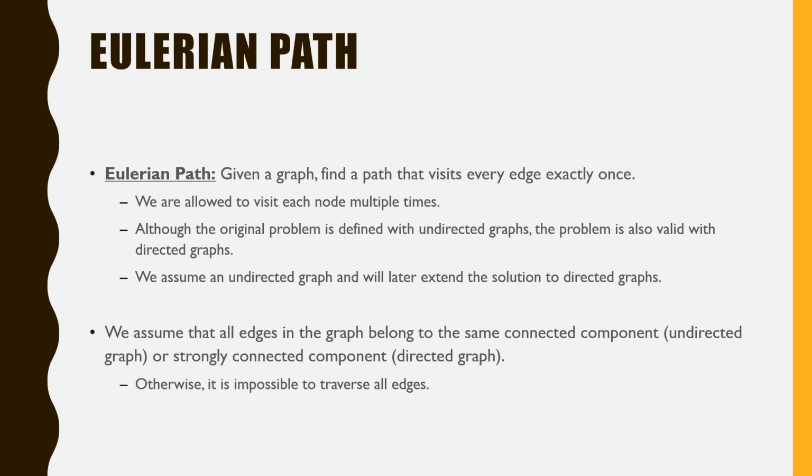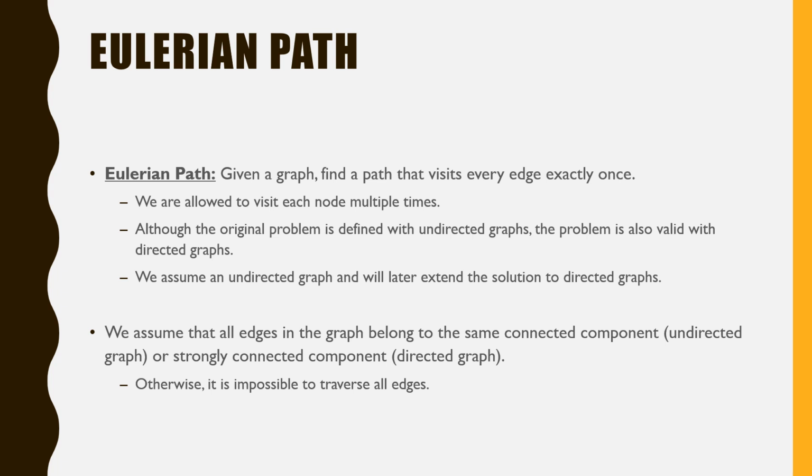In the original Königsberg setup, the bridges could be crossed in both directions, so the corresponding graph is undirected. However, this concept can be naturally extended to directed graphs as well.